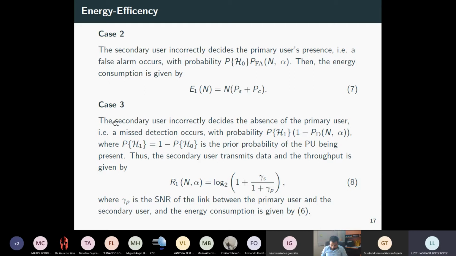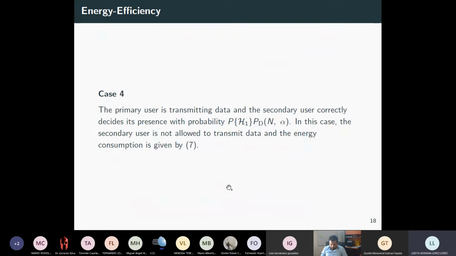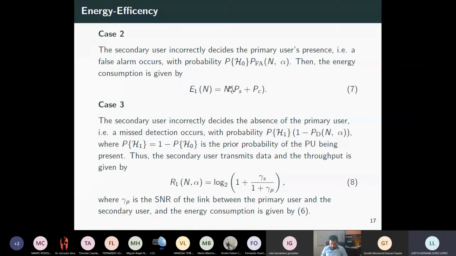And in case 3, the secondary user incorrectly decides the absence of the primary user with this probability, where this is the prior probability of the primary user being present, and the secondary user transmits data, thus the throughput is given by this equation. And finally, in case 4, the secondary user is not allowed to transmit data, and the energy consumption is given by equation 7.